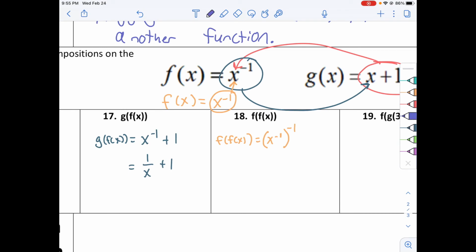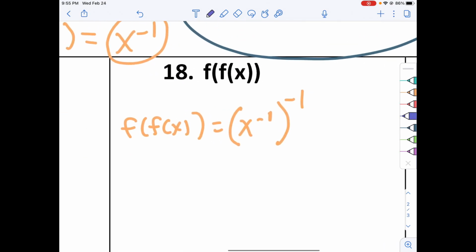Okay, so imagine that, right, f of x would be f of x right here, but then we're plugging in this f of x, which is literally x to the negative 1, in for this x. Okay, simplify this equation. Negative 1 times negative 1 gives us just x to the positive 1.